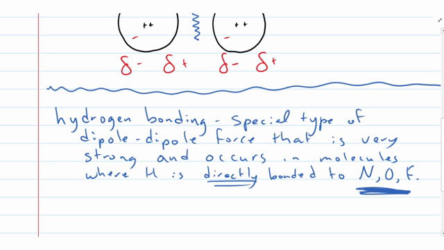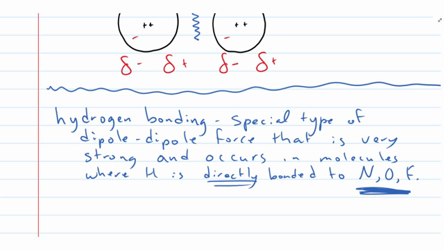So again, that key when we talk about it, directly bonded, that's another important thing. Because if we look at these two molecules, they have an identical number of carbons, hydrogens, and oxygens. However, only one of these two would have hydrogen bonding. They both have 2 carbons, 6 hydrogens, and 1 oxygen. Which one would have hydrogen bonding?